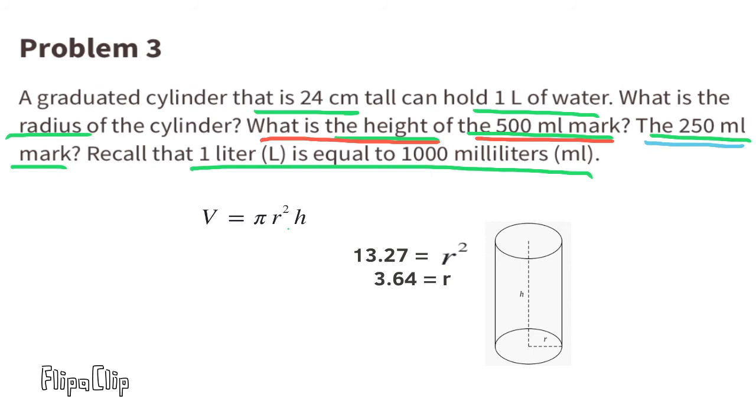Well, I know that 250 is half of 500, so we can just cut the 12 centimeters in half and get 6 centimeters. Or we can substitute the V with 250, solve for the height by dividing both sides by 13.27 times pi. And we see that the height is 6. The height is 6 centimeters.